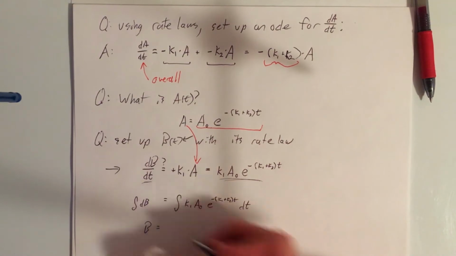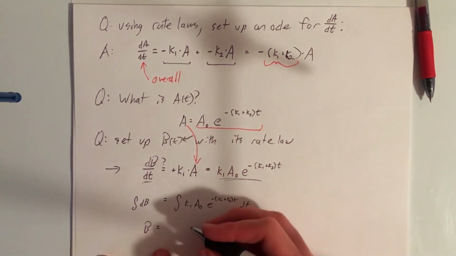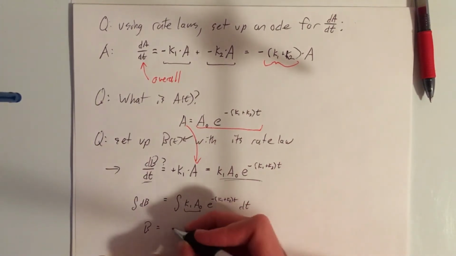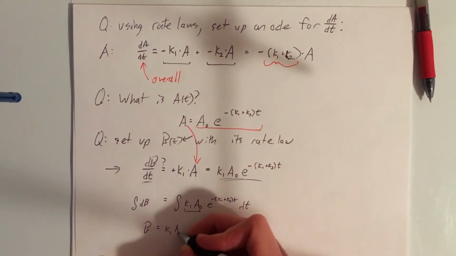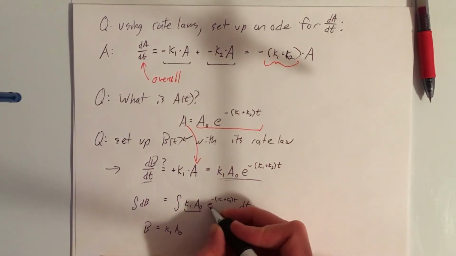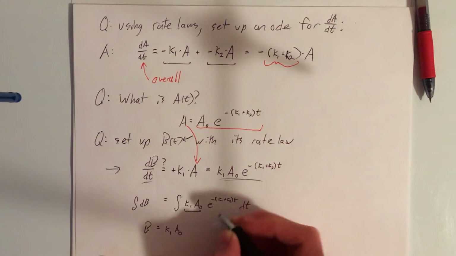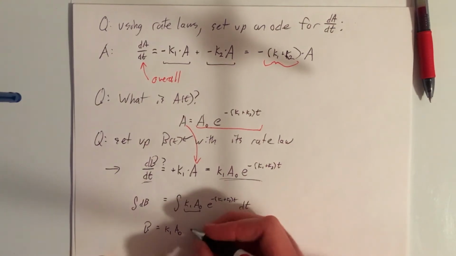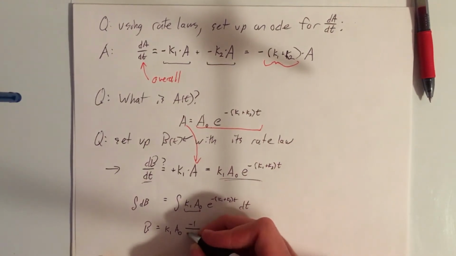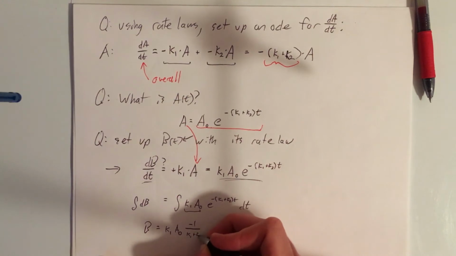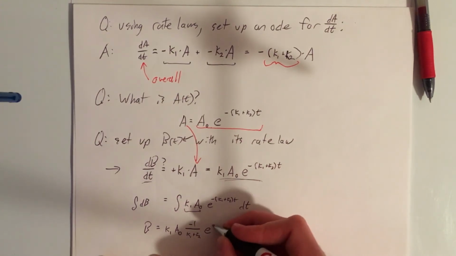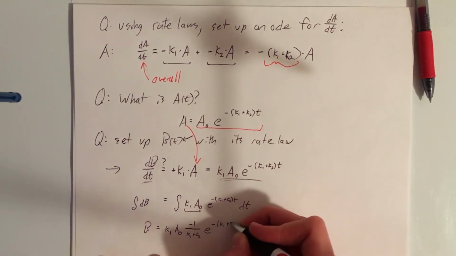Well, we just get B on the left-hand side, and when we integrate the right-hand side, this stuff is just a constant, so we can pull out k1 a naught. If we integrate e to the negative something t, this comes out as minus 1 over (k1 plus k2), and then e to the minus (k1 plus k2) t.